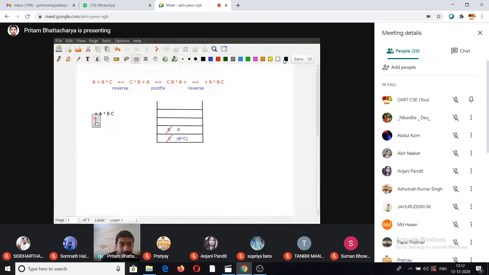Move one step to the left. So I encountered an operator. So once again I have to pop the top two operands from the stack.